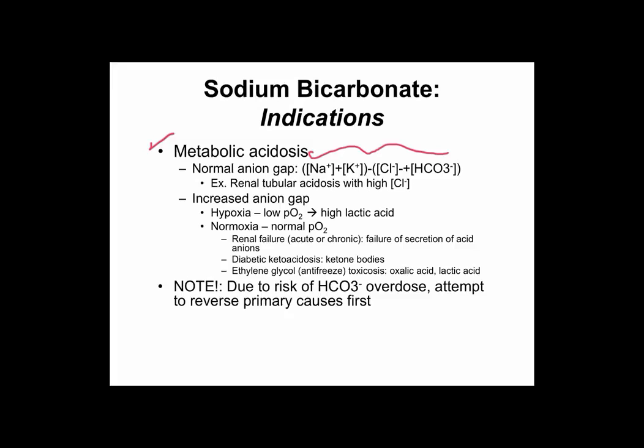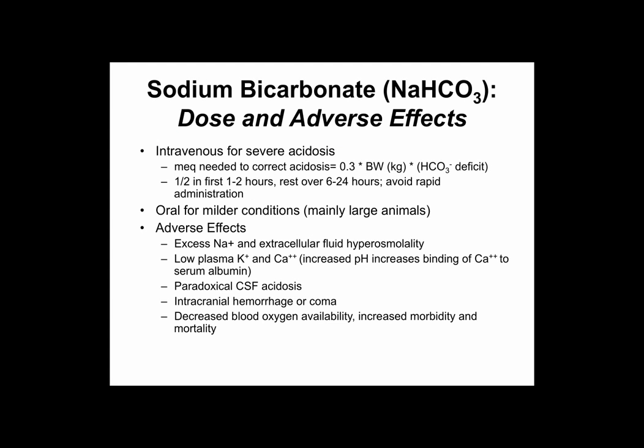And any situation where you have an acidosis, the best thing to do is to try to reverse the primary cause, because there are significant risks, particularly to too rapidly normalizing the pH through the use of bicarbonate, and we'll talk about those coming up. I've given you a formula here that you can refer to later for correcting an acidosis.